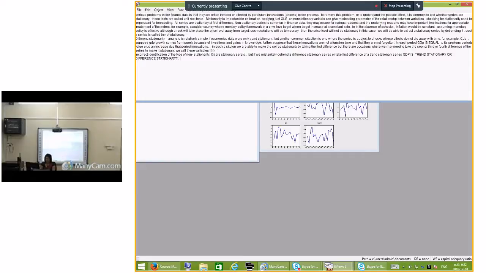If we mistakenly detrend a difference stationary series, assume that GDP is difference stationary, then what will happen?